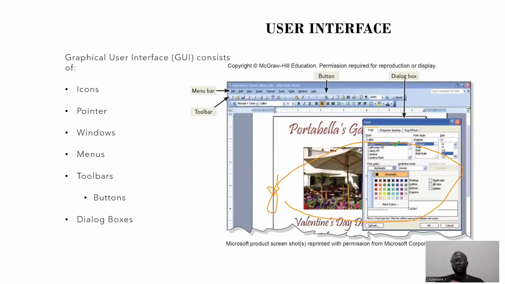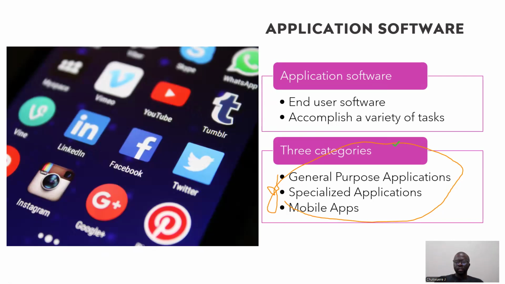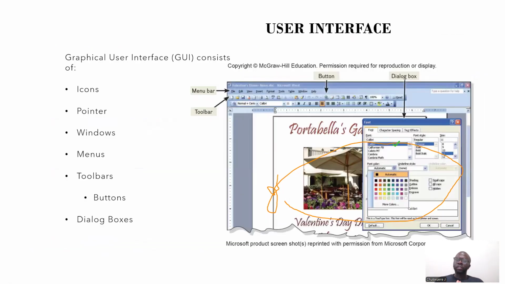When talking about these three categories, the first one is your general purpose. In this general purpose category, one of the things you see in these end user applications is that they have what we call a graphical user interface, which consists of icons and what have you.